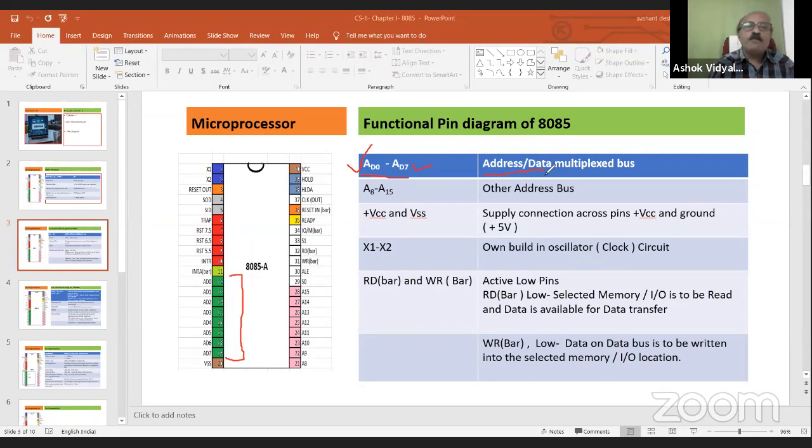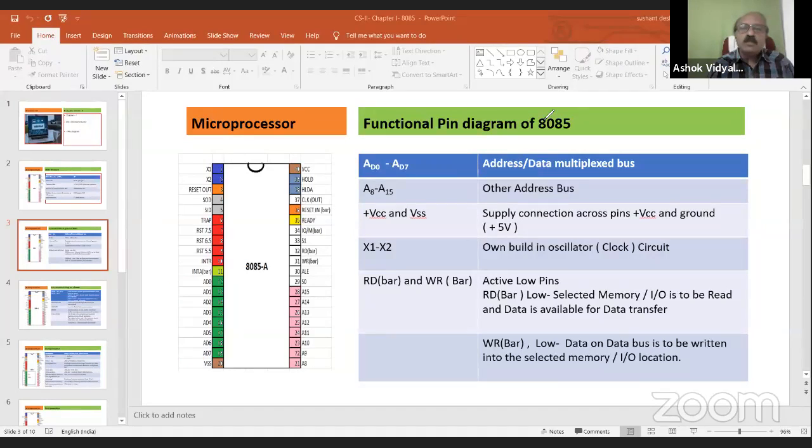Whenever you want to put an address, the 8 bits will be given on these 8 lines. At that time, the content on these pins will be the address. And when you want to give data, the same lines at that time will be used for transferring the data. So these are named AD0 to AD7 because they are used for both address and data.